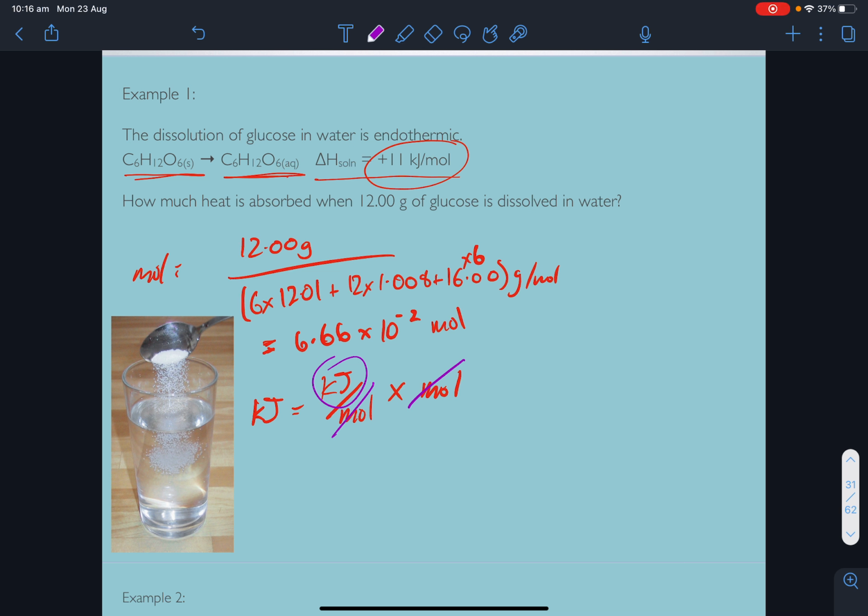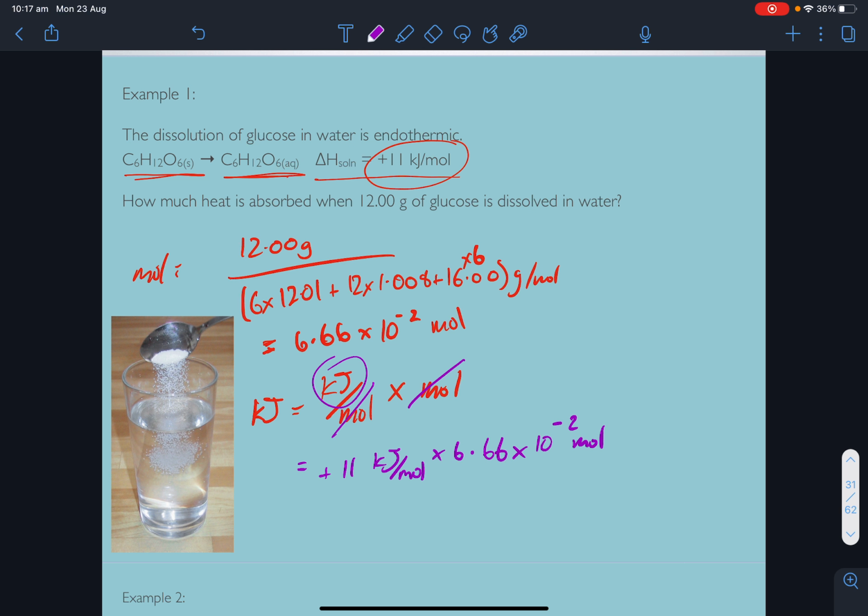So the energy absorbed equals my 11 kilojoules per mole from the question, times my number of moles, 6.66 times 10 to the negative 2 moles.